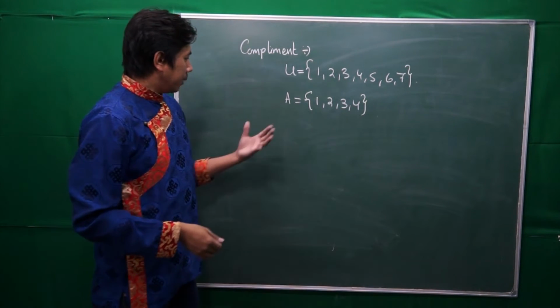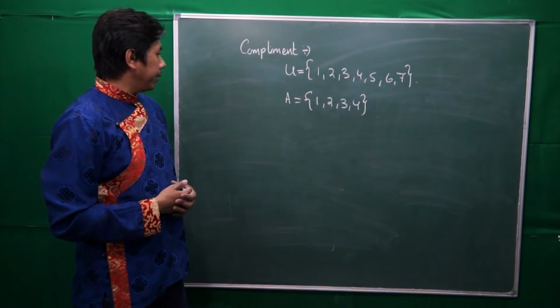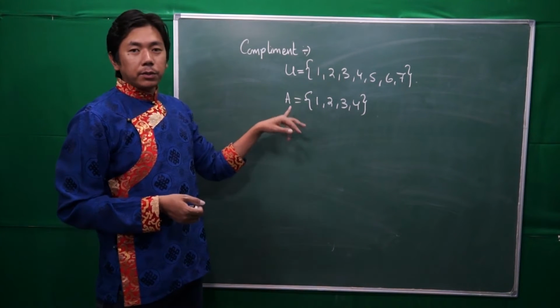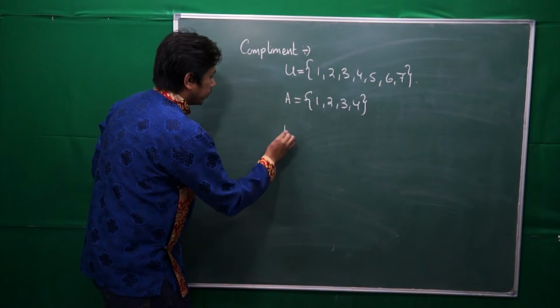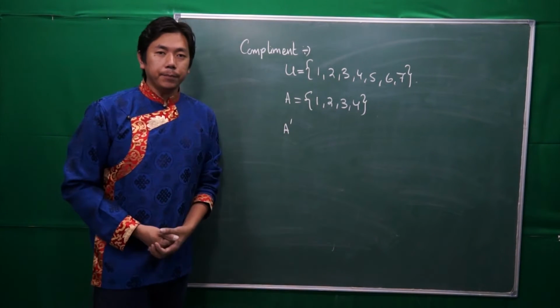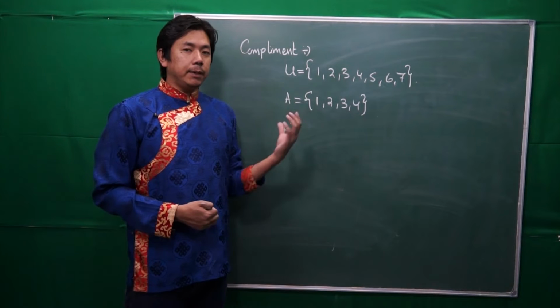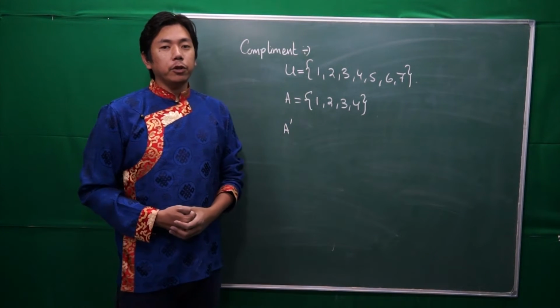Now I'm not writing set B because it is irrelevant. You don't need to write set B over here. What we are going to do is find the complement of A. So how do you represent the complement of A? This is how you write it. A complement. This means that set A has been put under the complement operation.